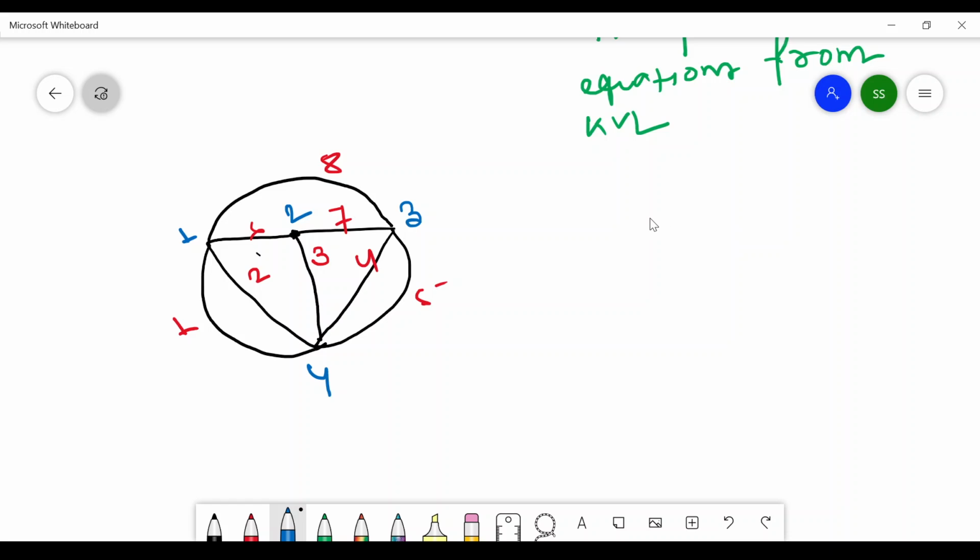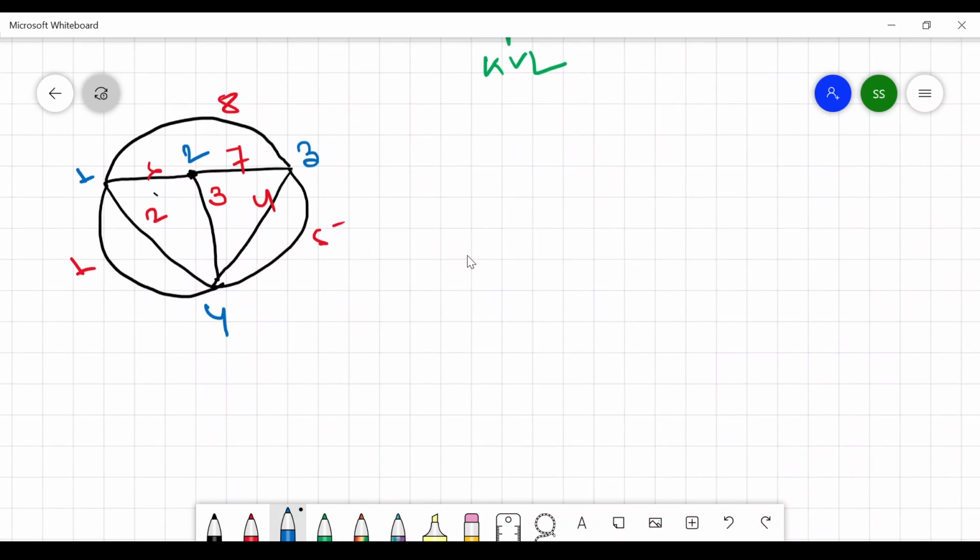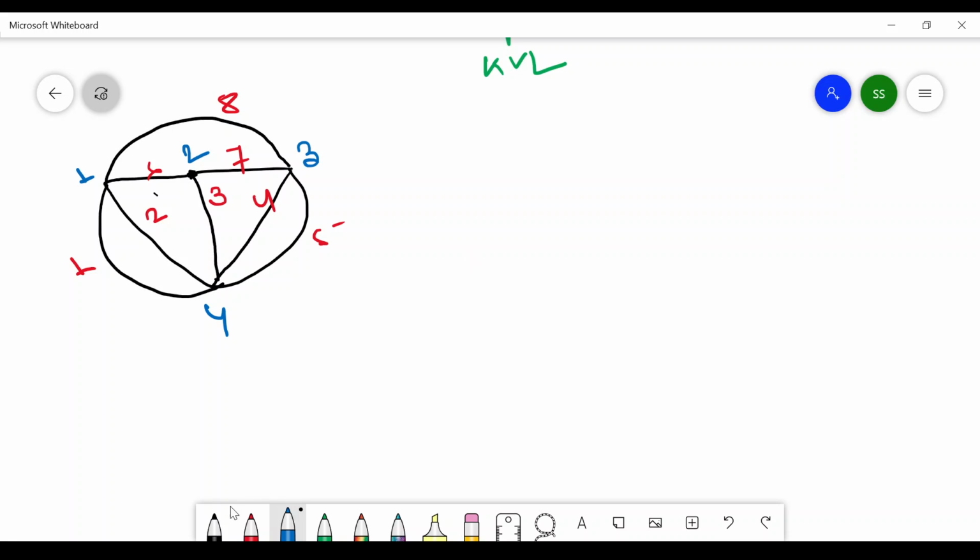Now, to know how many independent KVL equations we will get from this particular circuit, we need to know what a tree is, and we need to know what an independent loop is.